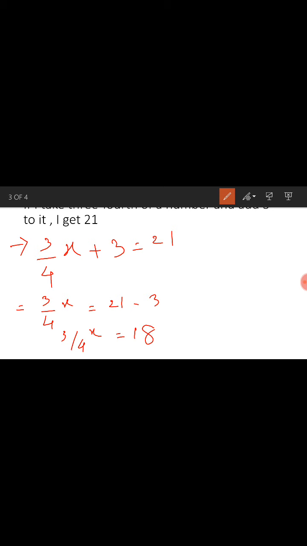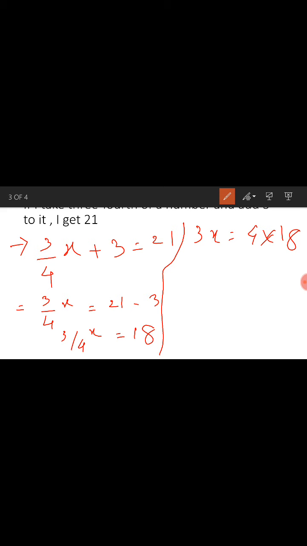Now 4 is in division form, so when it will cross the equal sign, it will become multiplication. So it will be 3x equals to 4 into 18.